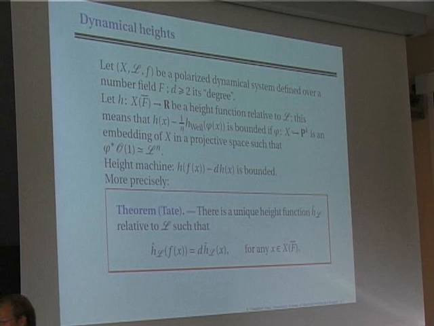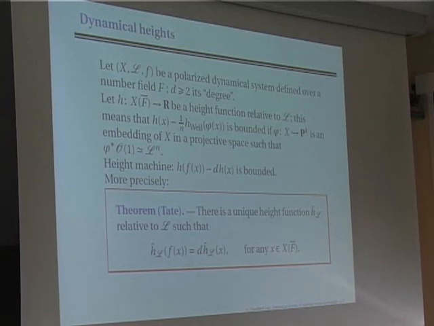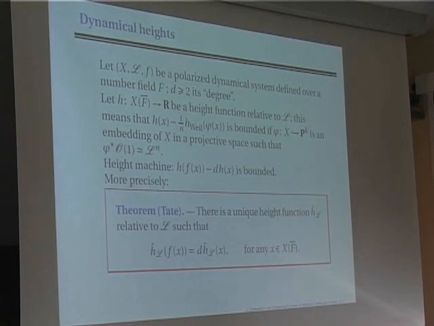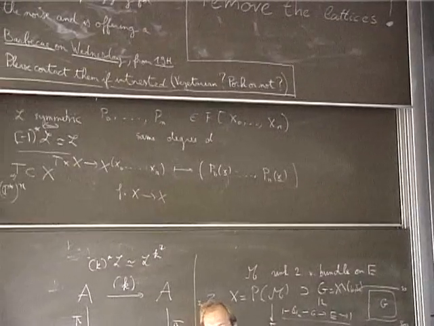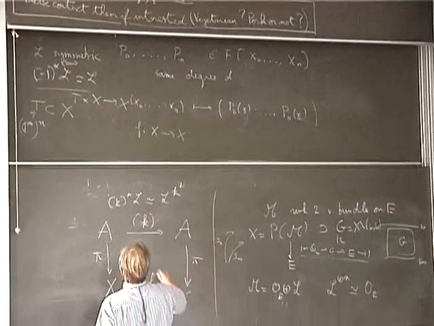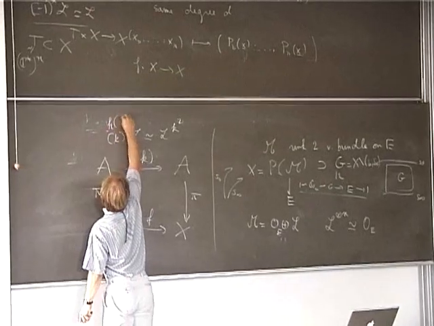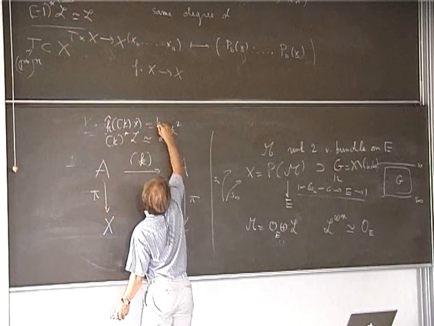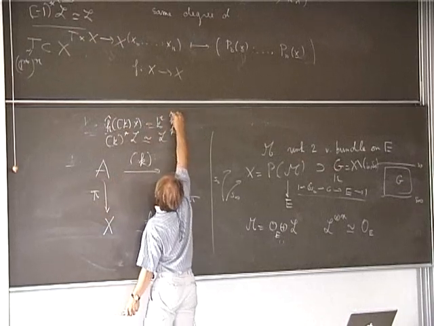For elliptic curves, remember that we have k upper star L equals L to the power k squared, and the Néron-Tate height has the virtue that the height of k times a point is equal to k squared times the height of the point.